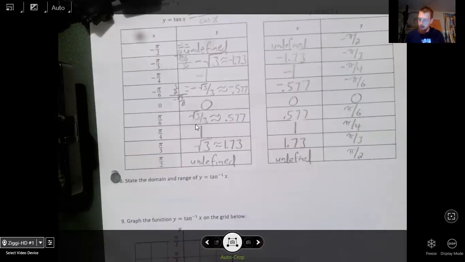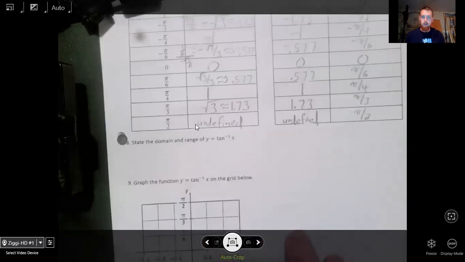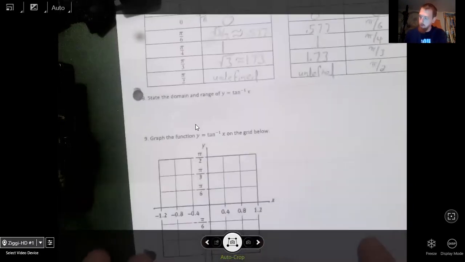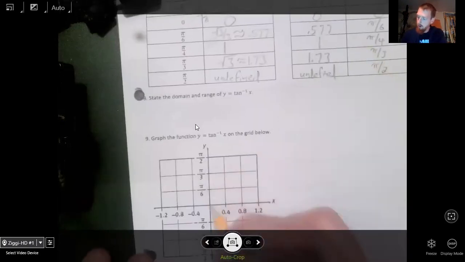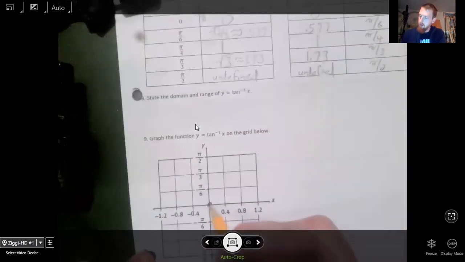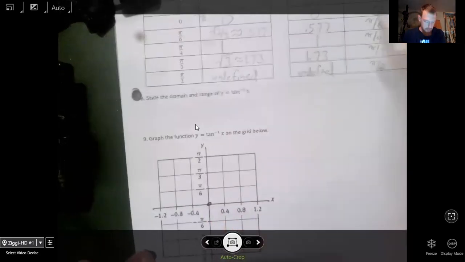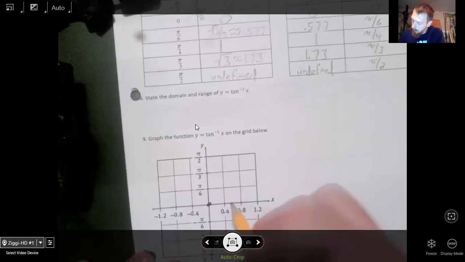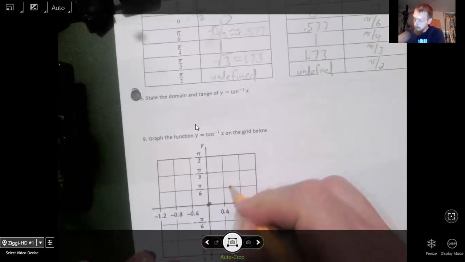All right, now we're going to have to extend our x values here a little bit. We're going to actually start with the point x is 0 when y is 0. And then we're going to go to when x is 0.577, y is pi over 6.